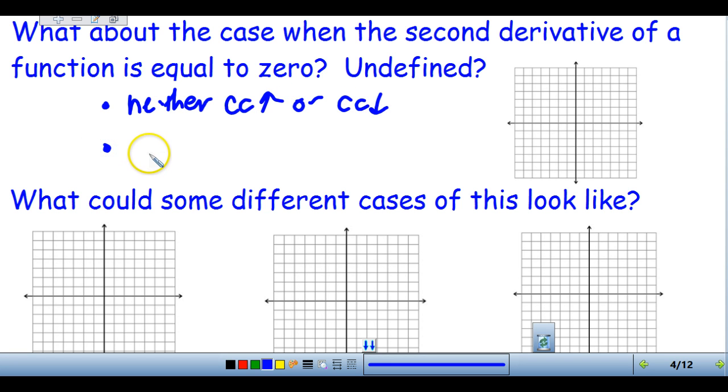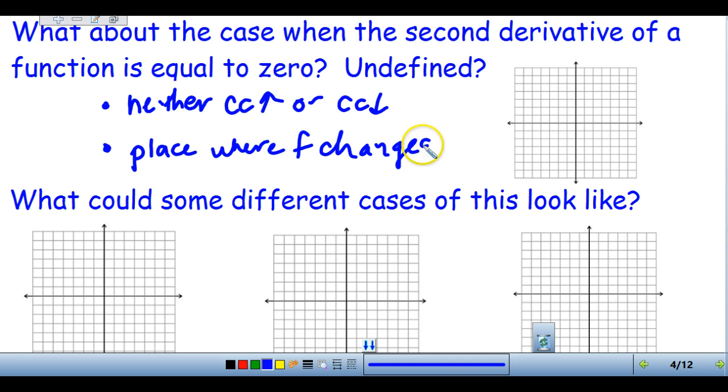What that could mean to us is that it's a place where the function changes concavity. We'll look at some different examples of this in just a second.